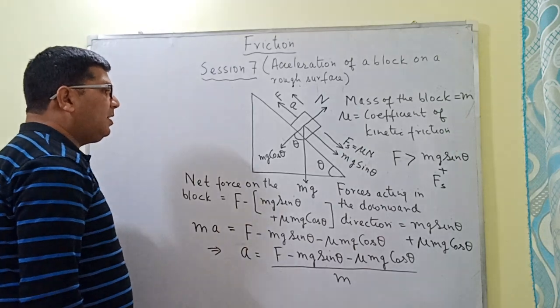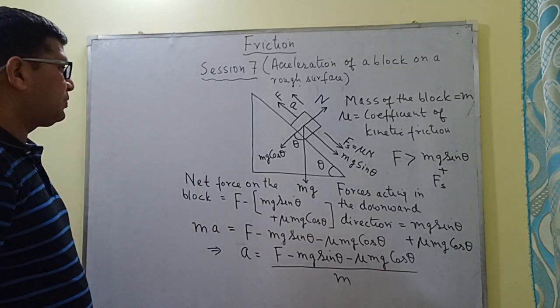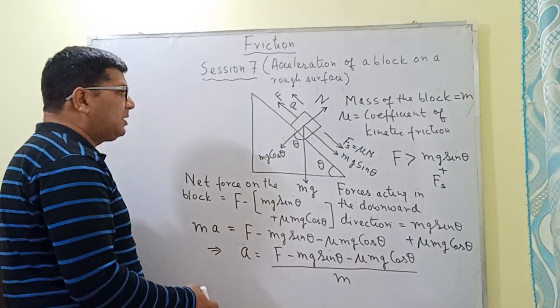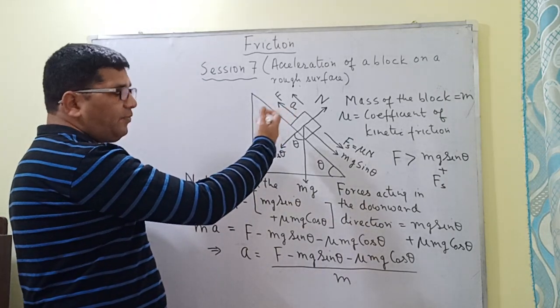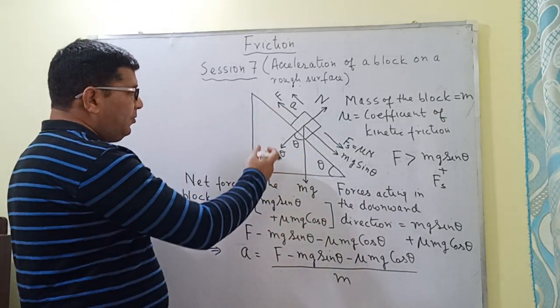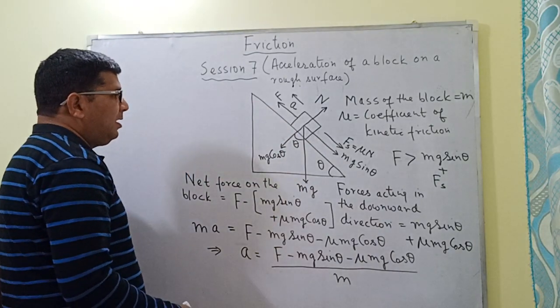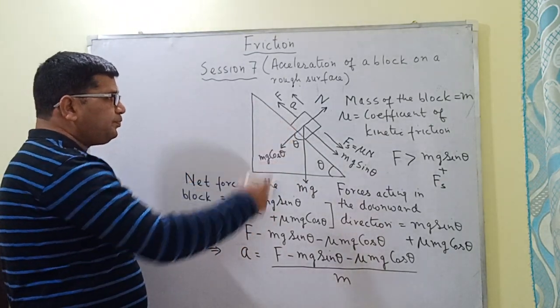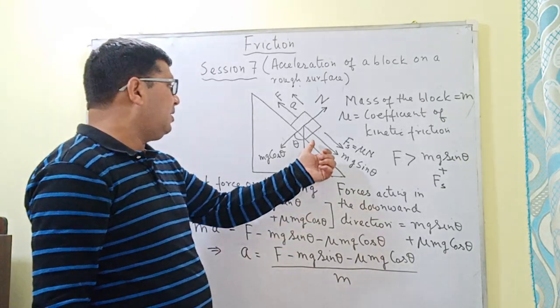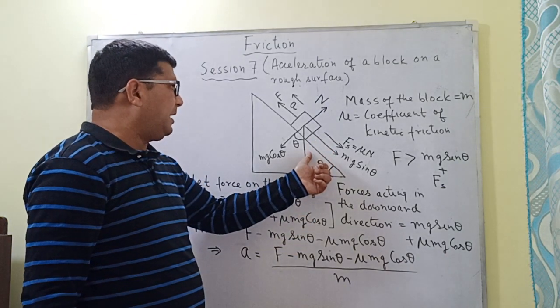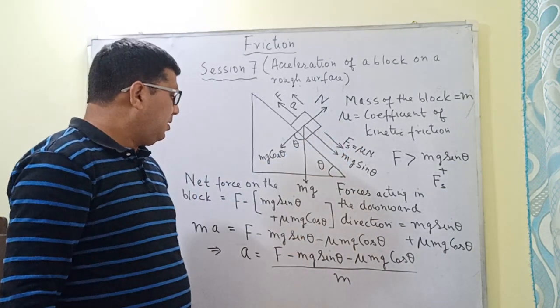So in this way we find the acceleration of an object which is moving up an inclined plane, when the coefficient of kinetic friction between the block and this inclined plane is mu.